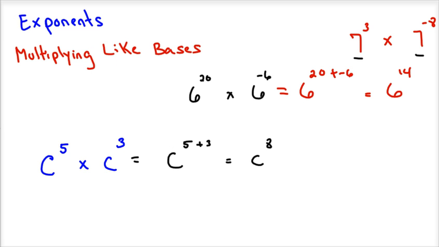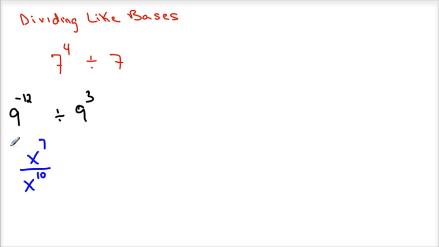Okay, let's look at the next example. Multiplying, we add the exponents. Dividing, what do you think we do with the exponents when we divide? Excellent. When we divide, we subtract. So we have 7 to the 4th divided by 7. Now the second 7 here doesn't have an exponent.